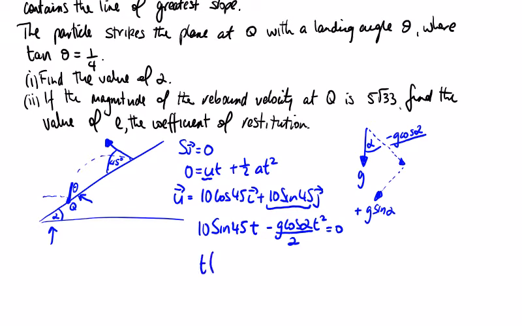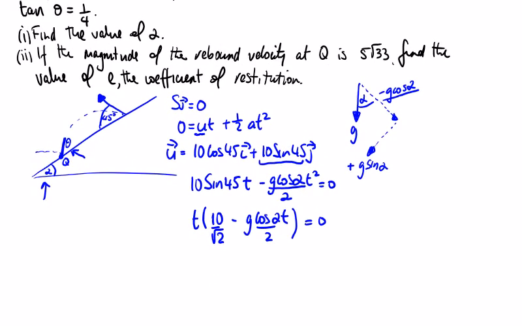So we simplify down for t. We're going to get t times 10 by sine 45, so 10 over root 2, minus g cos alpha by t over 2 equals 0. So my initial time equals 0, and 10 over root 2 has to be equal to g cos alpha times t over 2.